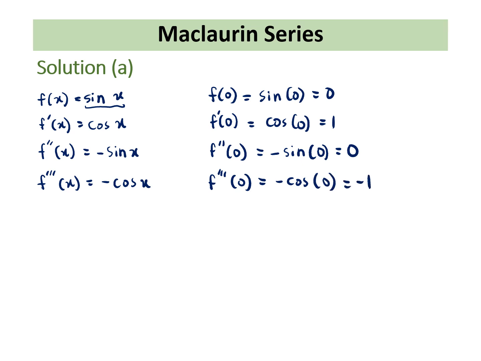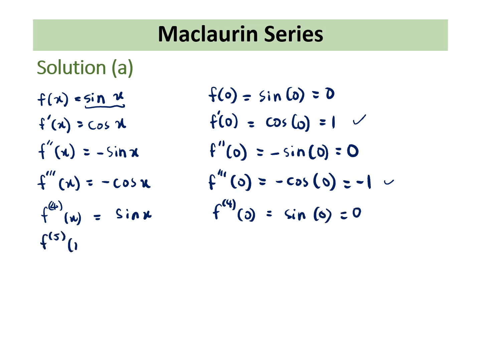And then now we have our first two non-zero terms. What we need to do is find the first three non-zero terms. So we have to find another two derivatives. Our fourth derivative will be equal to sin x, which is equal to 0.